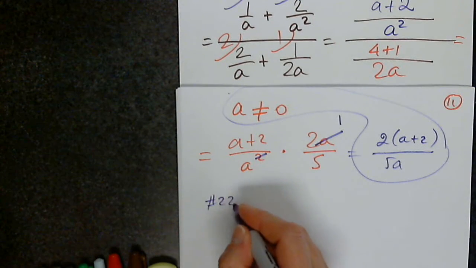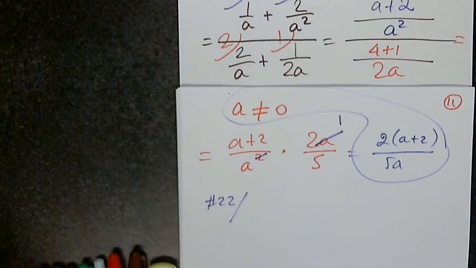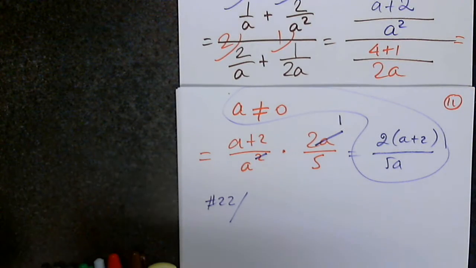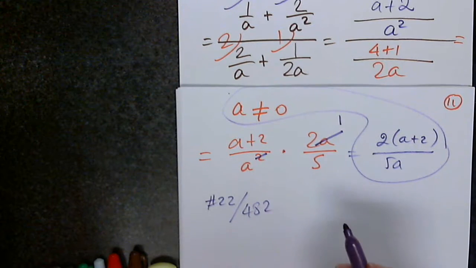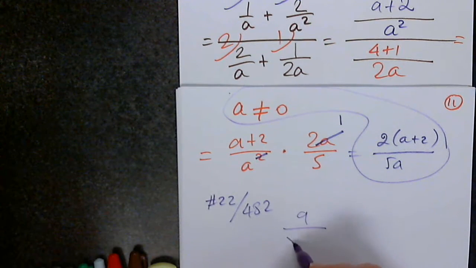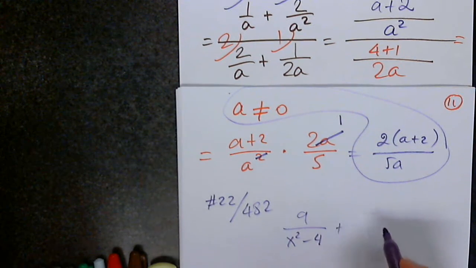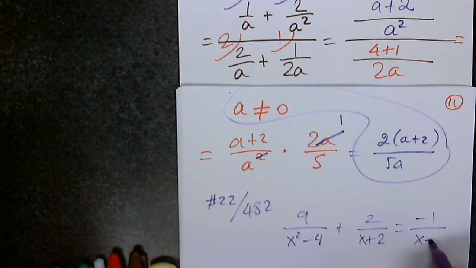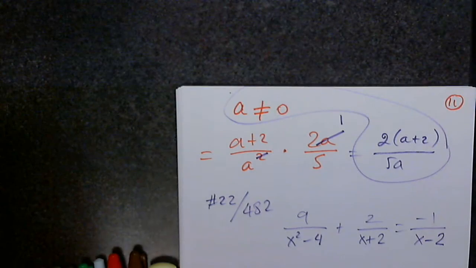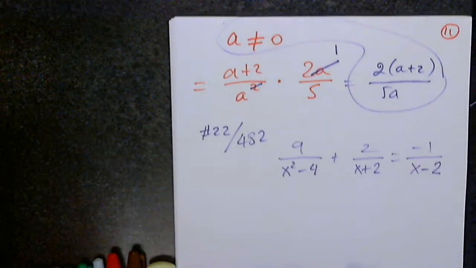Any questions? On page, I have no idea what page this is. 482. And that's 9 over x squared minus 4 plus 2 over x plus 2 equals -1 over x minus 2. We're trying to solve for x.